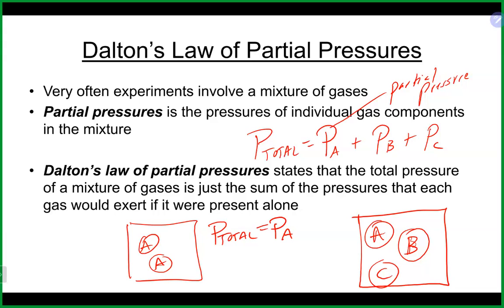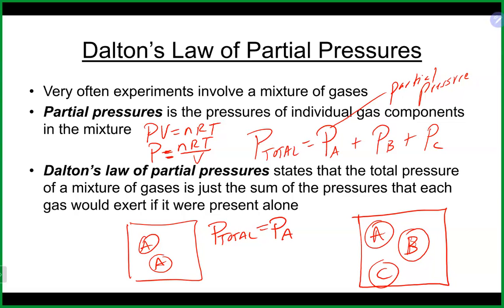There are a couple of ways that you could calculate the partial pressure, but most commonly the partial pressure is calculated using the ideal gas law, P equals nRT, where you solve for P, which would be nRT divided by V, and you solve for P for each of the gases individually.